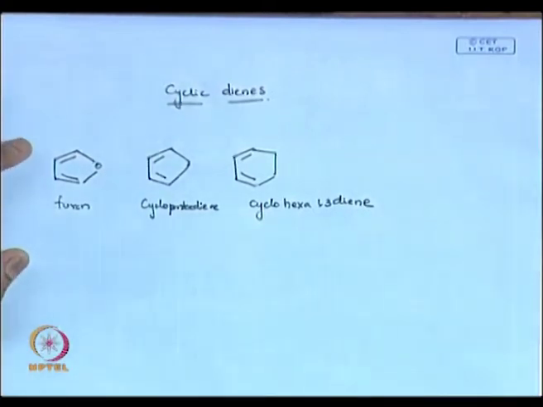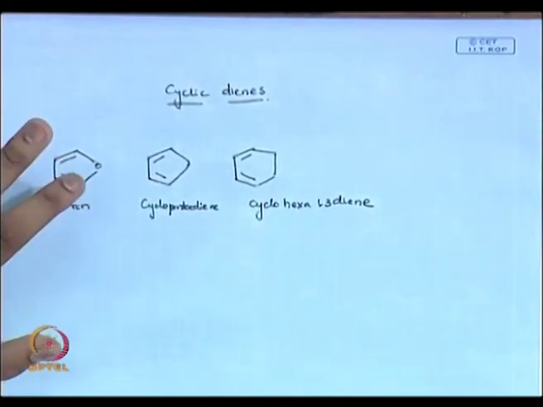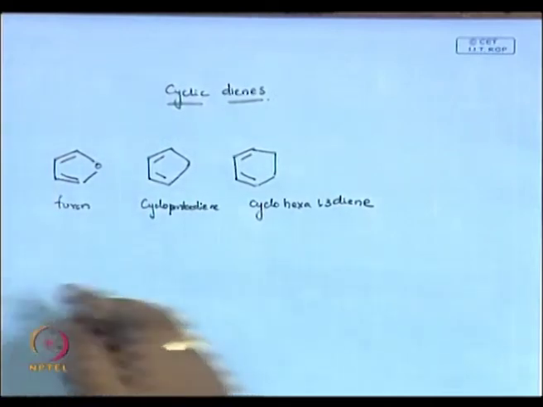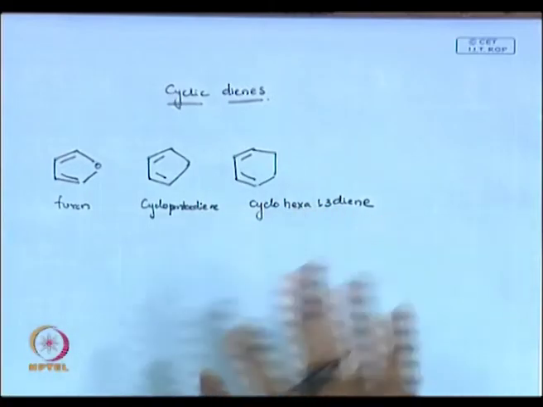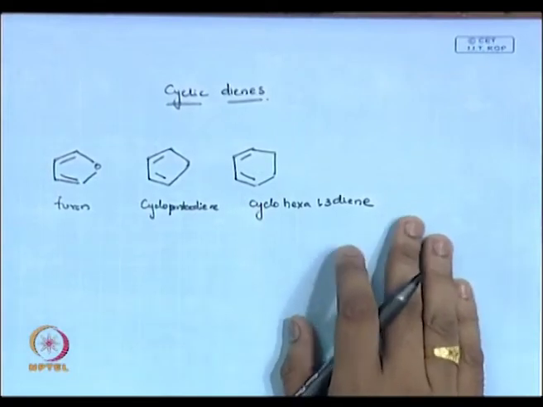See, if you look, these are properly in their S-cis conformation. They are basically locked in the S-cis conformation, and they are excellent dienes for Diels-Alder reactions. They just get locked in their S-cis. So, they are very good dienes for Diels-Alder reaction.